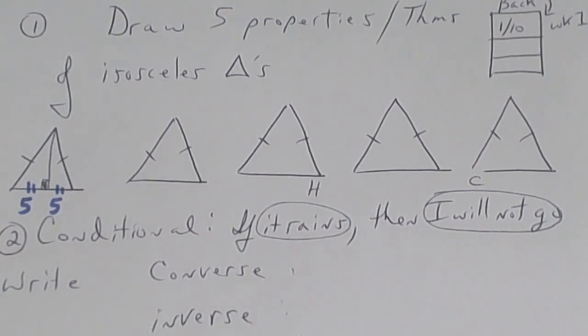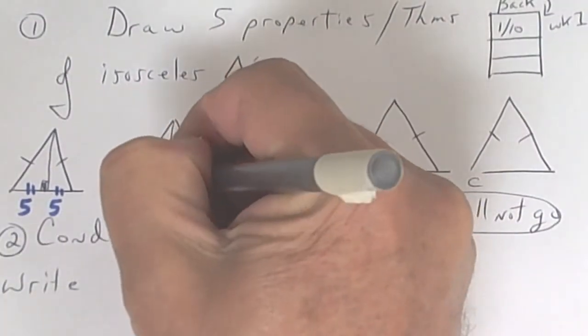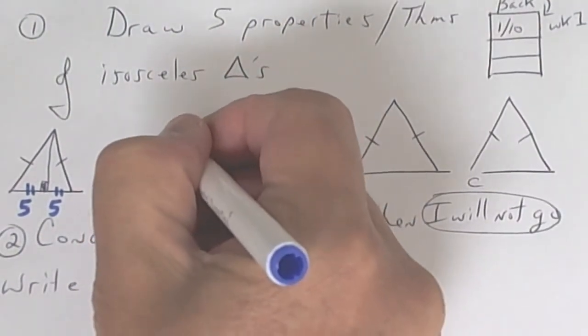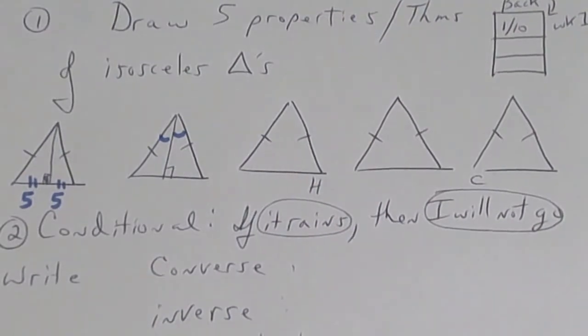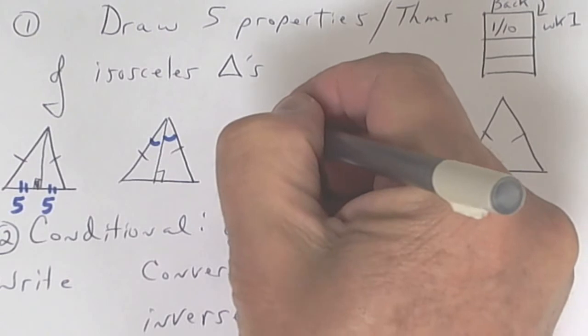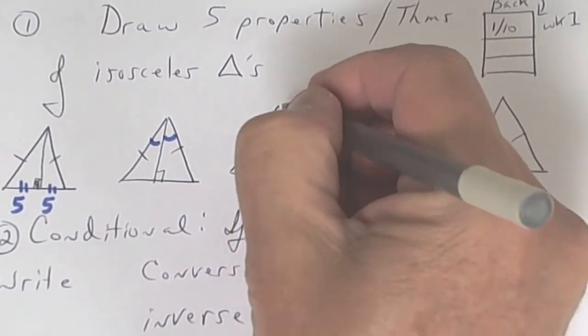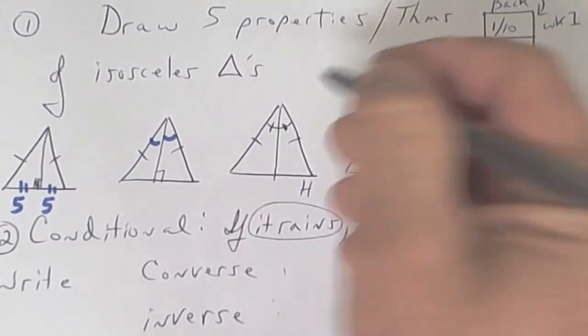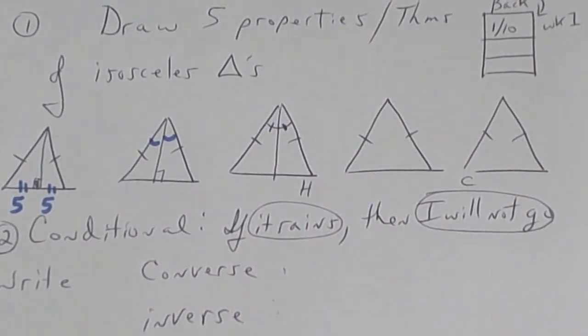On the next one, if you draw an altitude, it splits the vertex angle in half, like that. Number 3, if you split this vertex angle in half, if you bisect that upper angle, it does 2 things.